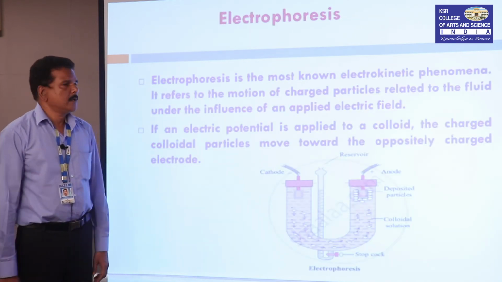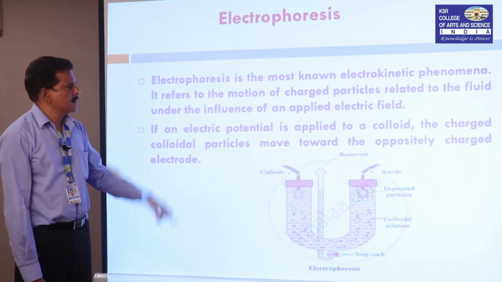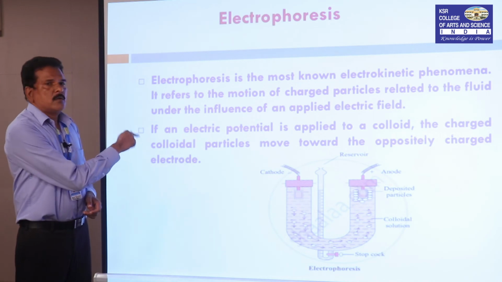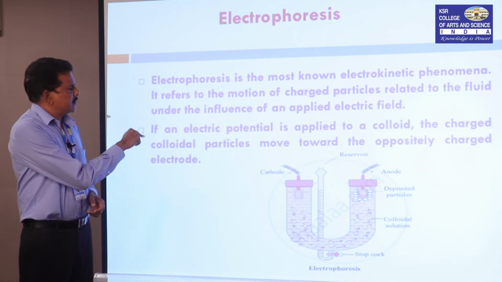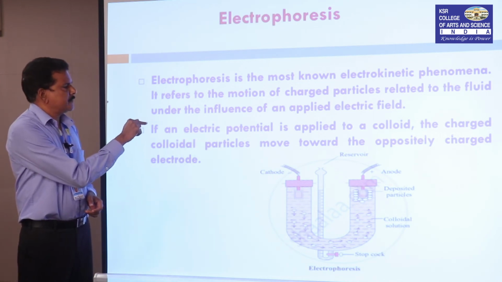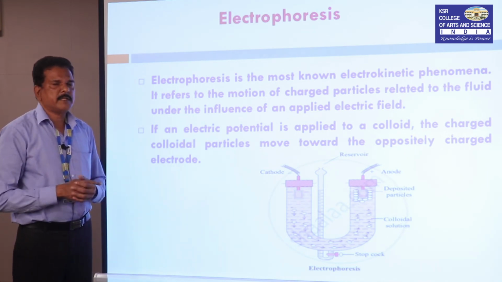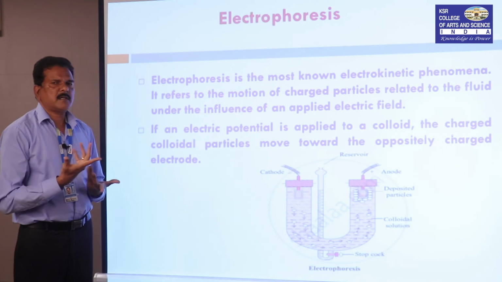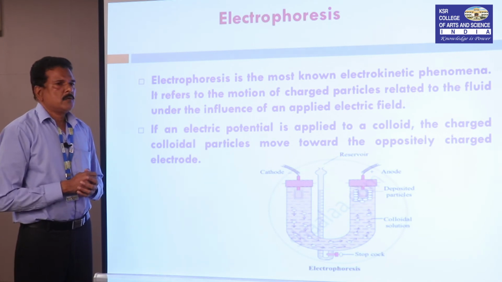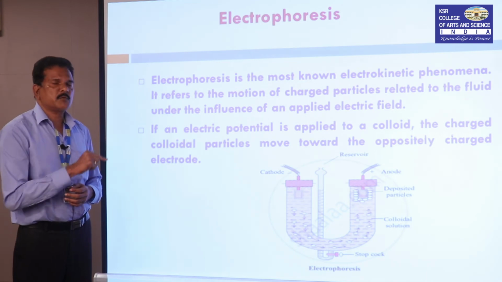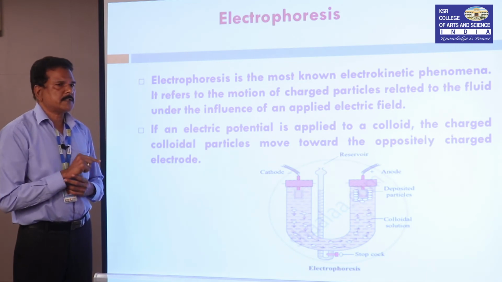The electrophoresis effect is noticed using this apparatus. Here there are two limbs. One limb is inserted with a cathode and the other with an anode. These are connected to a battery, and in the applied electric field the colloidal particles move towards the electrodes.